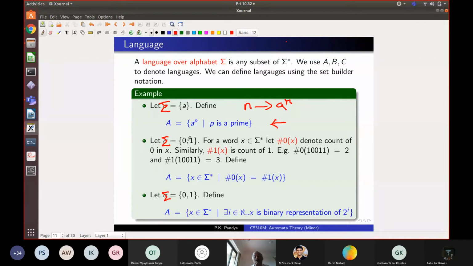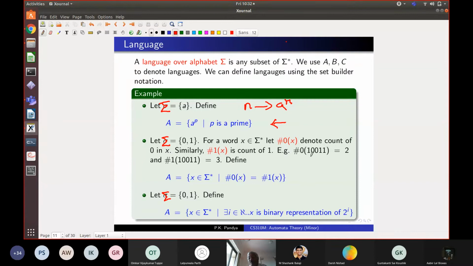Okay. Let sigma be the binary alphabet consisting of symbols 0 and 1. For a word X in sigma star, the notation count of 0 in X, which I have overlined, denotes the count of occurrences of 0 in the string X. Similarly, count of 1 in X denotes the count of 1.